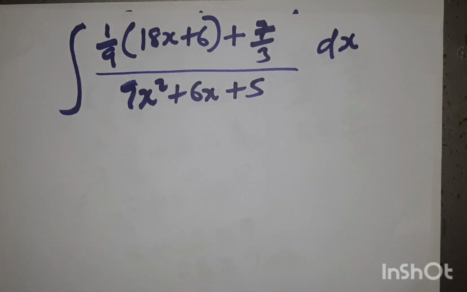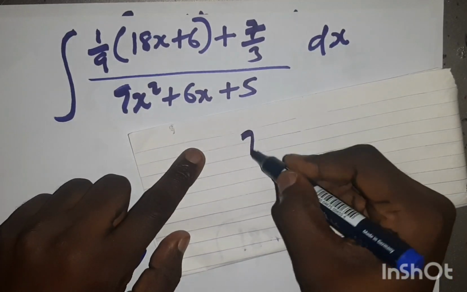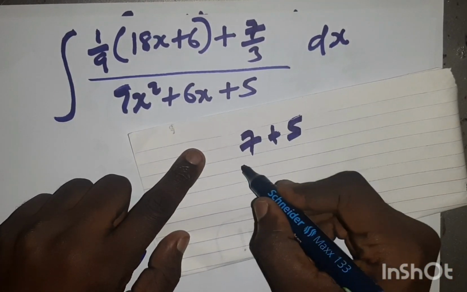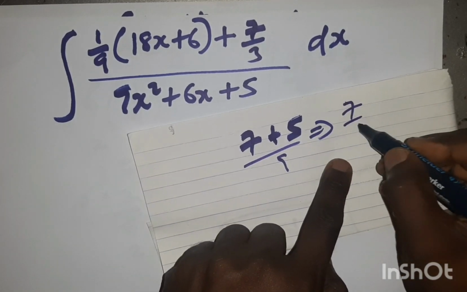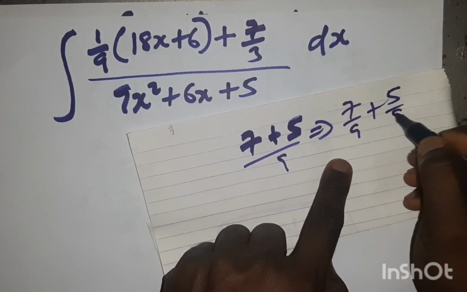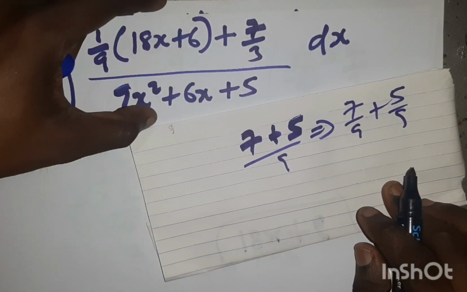Remember, 7 plus 5 over 9 is still the same thing as 7 over 9 plus 5 over 9, so I can rewrite this by applying the same logic here.